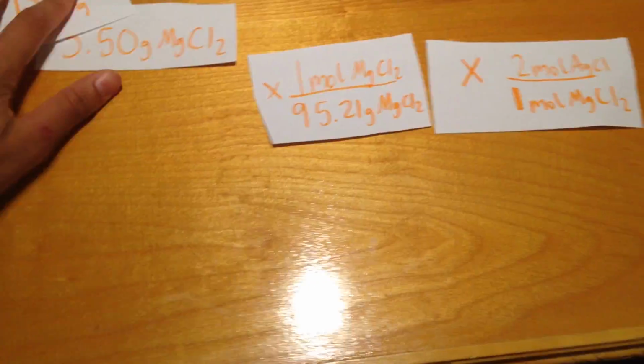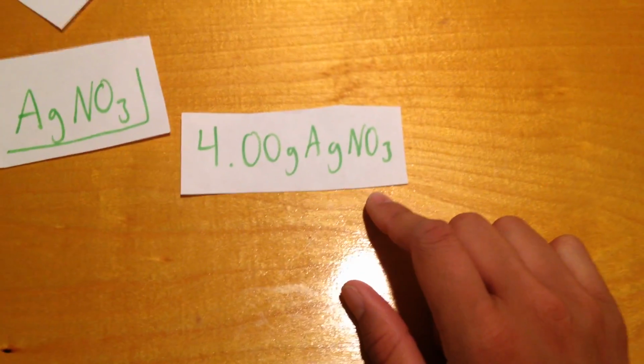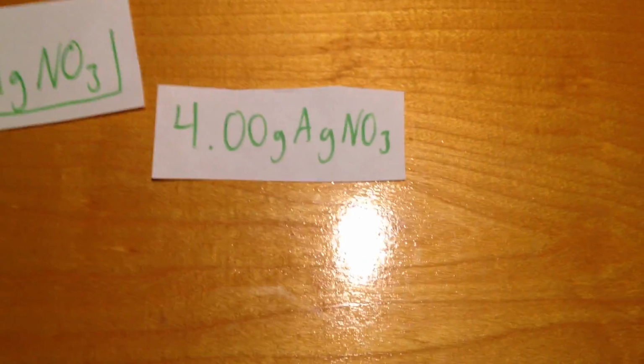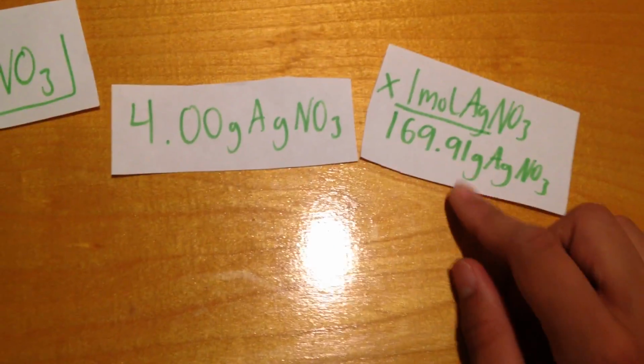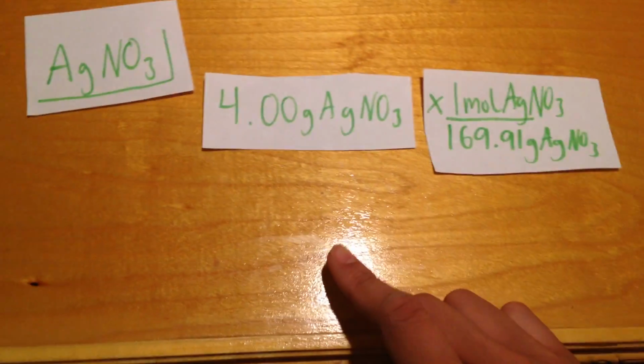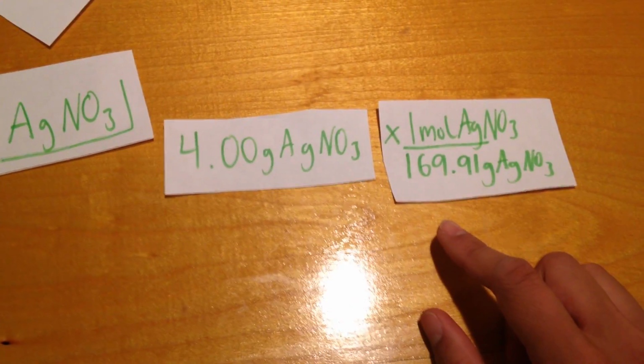So let's see the silver nitrate part of how to find the limiting reactant. Now we take silver nitrate. Let's take the 4.00 grams of silver nitrate and do the same thing we did with the magnesium chloride. So we have to multiply it by 1 mole of silver nitrate over the molar mass, which in this case is 169.91 grams of silver nitrate.